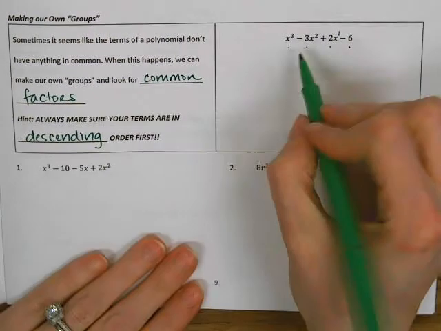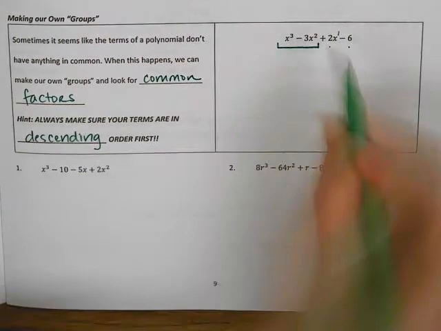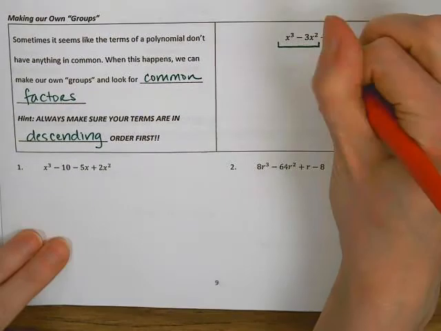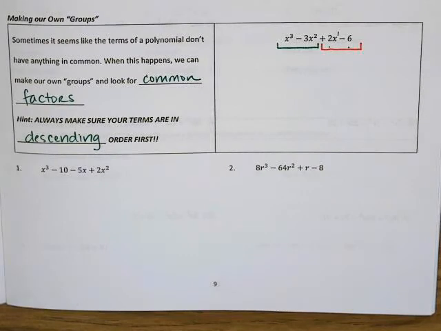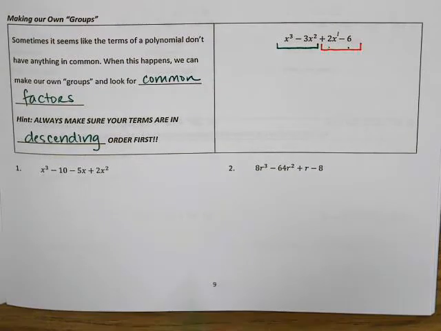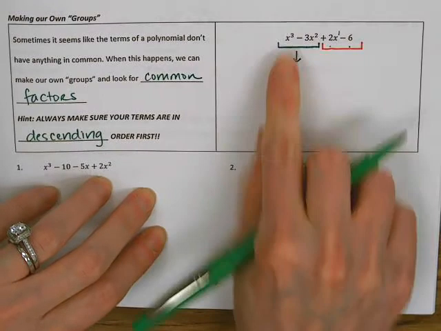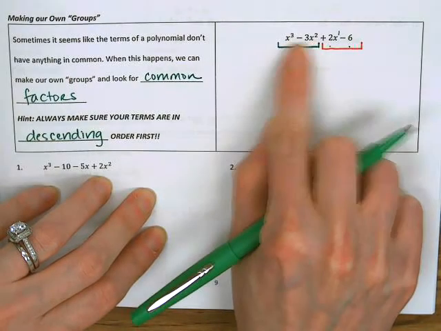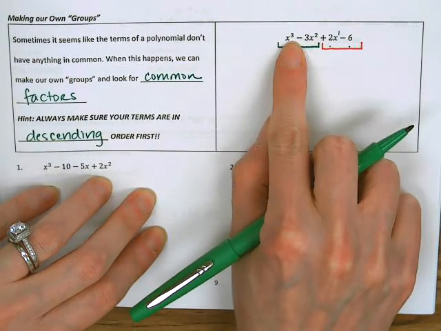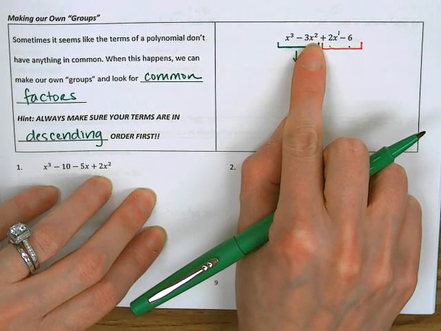Here's what you guys are going to do. You're going to pair them up into groups of 2, and we're going to pull out the GCF of each one. So look at these guys. What can you divide out of these two green terms?